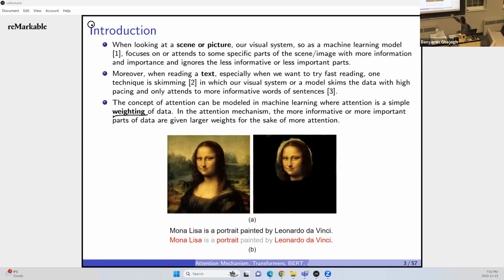Or when we are doing fast reading, such as skimming, we only consider some of the important words and we ignore some less important words, right? In other words, we attend to some pixels or words, to some elements. In a mathematical way, we are weighting data, right?